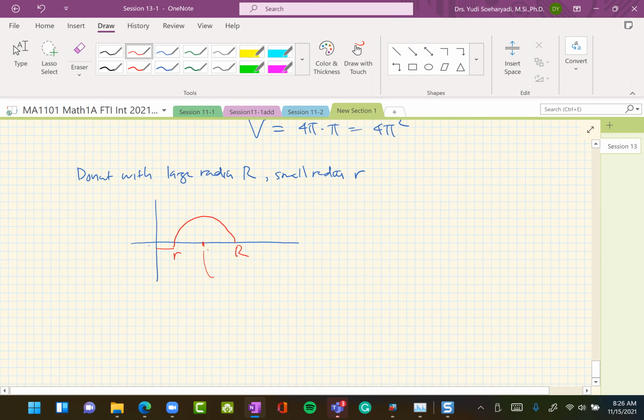Okay, so the radius is R minus R over 2.